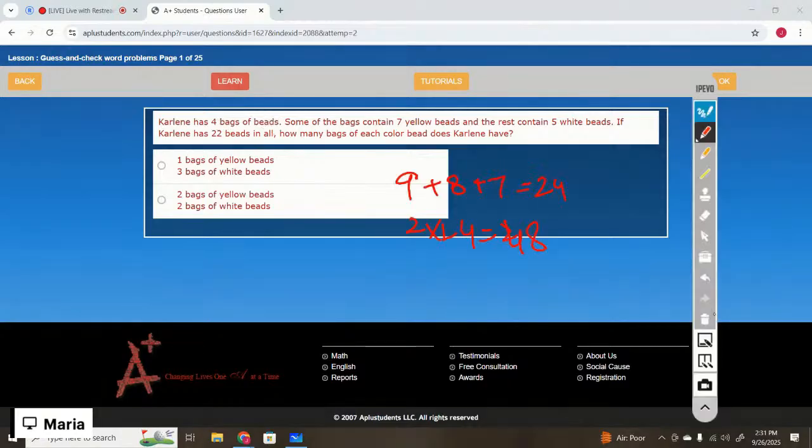Four bags of beads in total she has, right? Some of them have 7 yellow beads and the rest of them have 5 white beads.